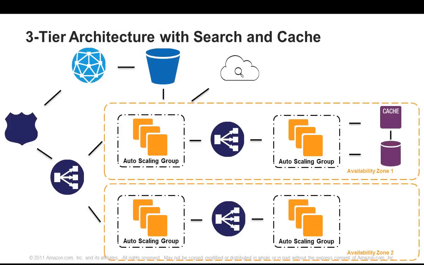And so with Amazon ElastiCache, it just makes it very easy to set up a Memcache compliant cache cluster with as many cache nodes as your application requires to run effectively.